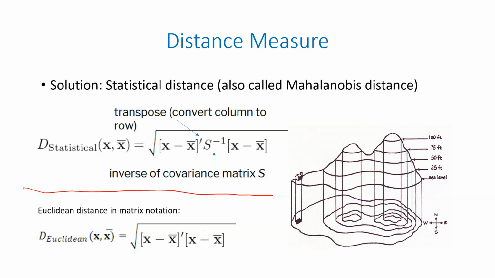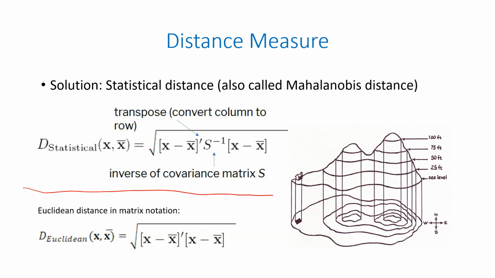This formula may seem intimidating. It actually is not. You can easily obtain the matrix of the differences between the individual values and the means by subtracting the value of each variable by the mean of the variable.